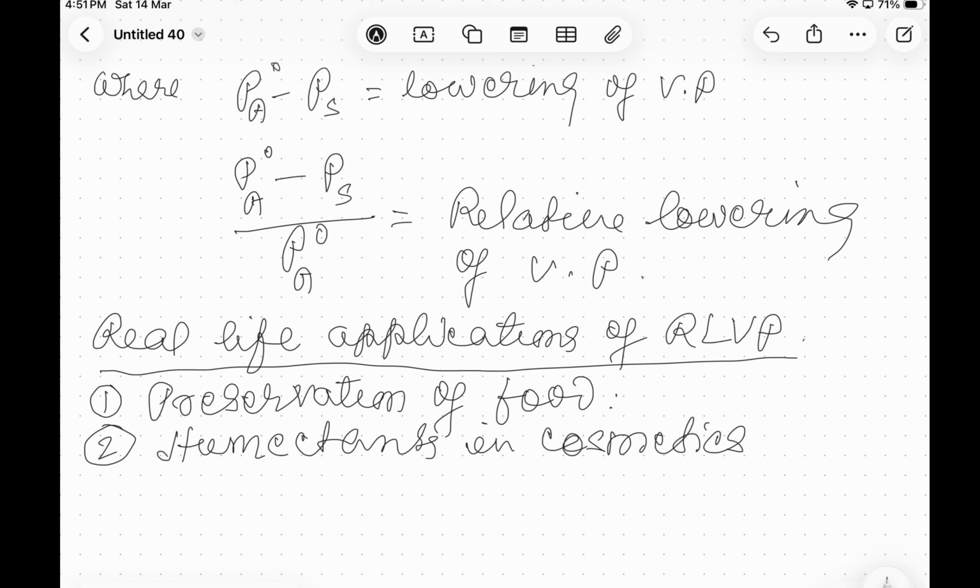But chemistry does not stop here. Two more very powerful colligative properties are waiting for us: elevation of boiling point, depression of freezing point. These will be discussed in my next video.